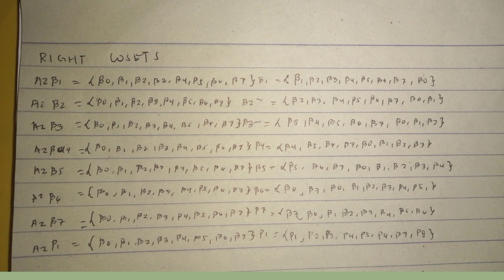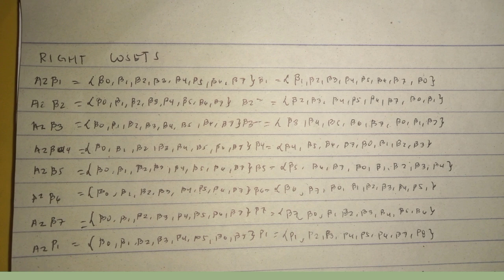Next, we have the right cosets. Same as the left coset, we will just multiply A sub 2 to B sub 1. But this time, A sub 2 is on the left side while the B sub 1 is on the right side. So let's have an example. A sub 2 multiplied by B sub 1, we will get B sub 1, B sub 2, B sub 3, B sub 4, B sub 5, B sub 6, B sub 7, and B sub 0.